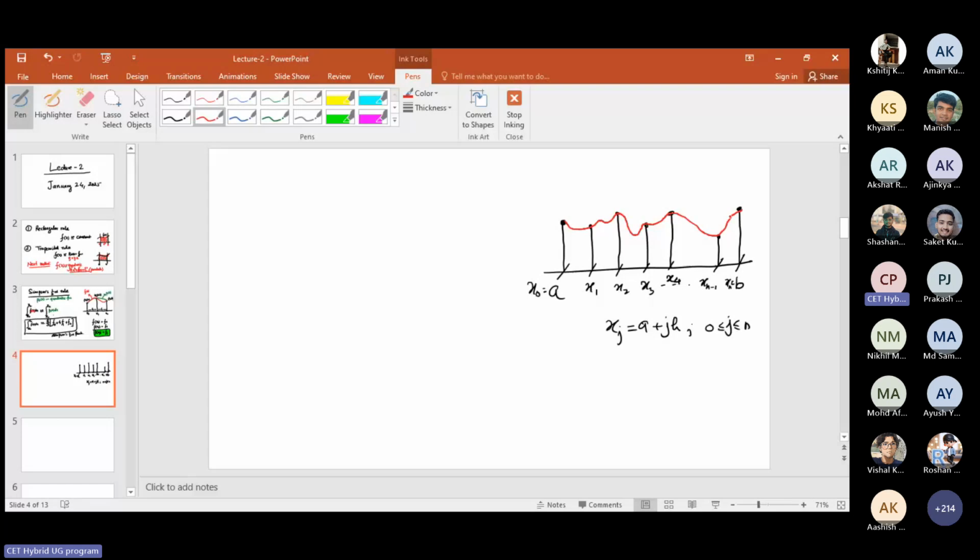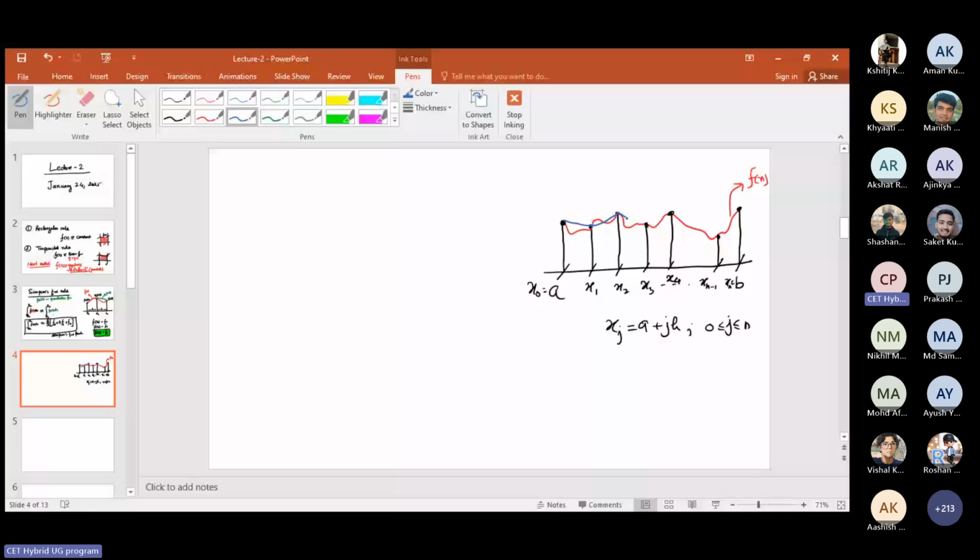Assume that this is our f(x). Now we have to draw the polynomial curve. So in blue color, I am drawing the polynomial P2, approximating a parabolic curve from here to here, and then dot dot dot another parabolic curve.